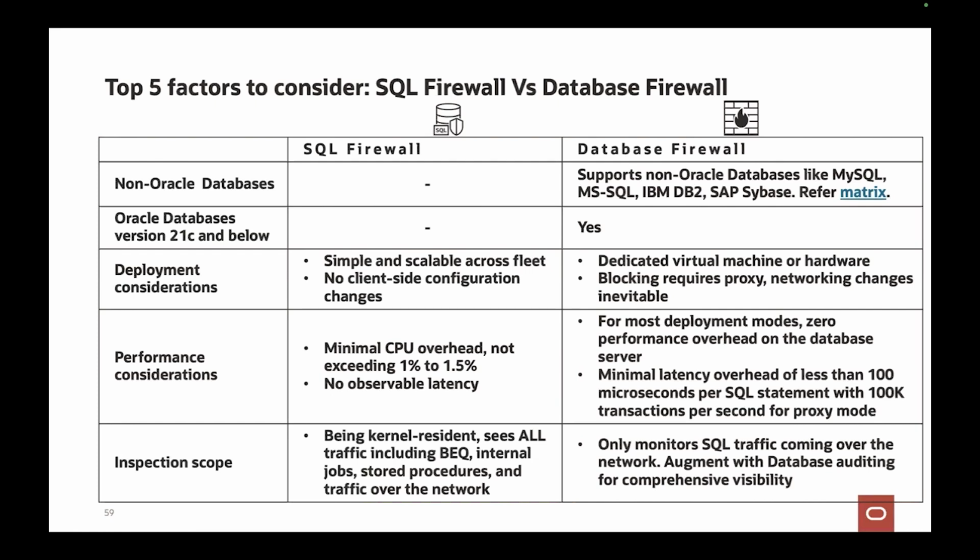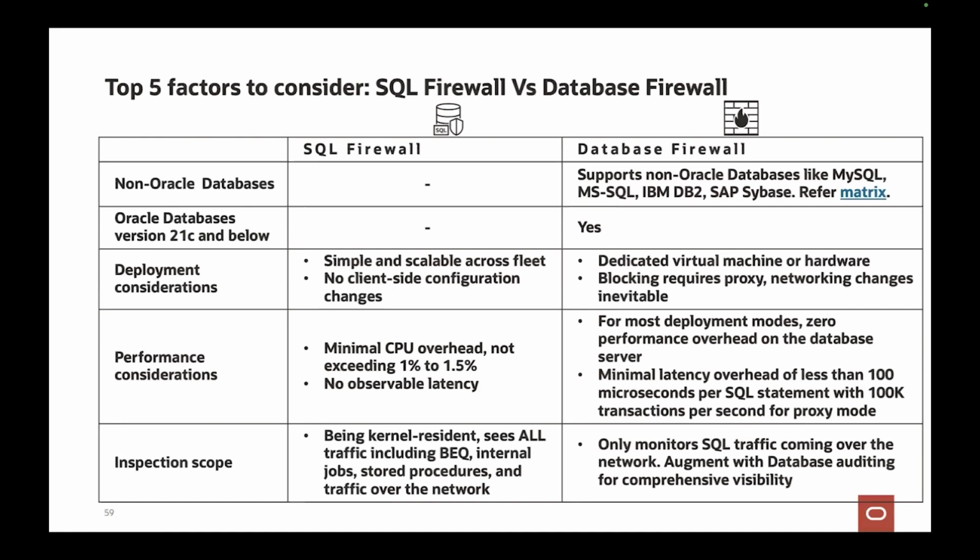In fact, we use the fast ingest feature within the database to make it very performant. And of course, there is no observable latency. For Database Firewall, since there is no processing overhead on the database, there is no overhead. And again, it depends on the deployment model.